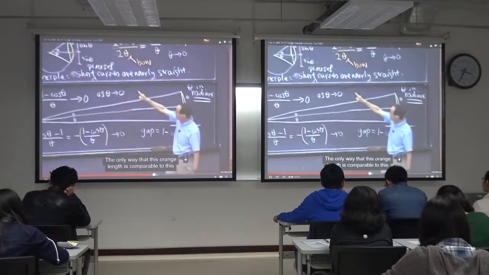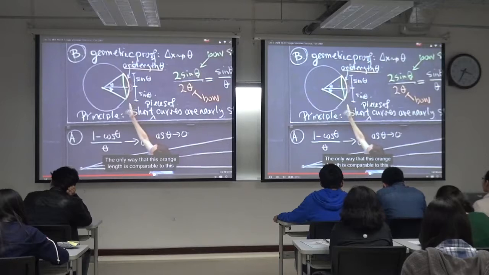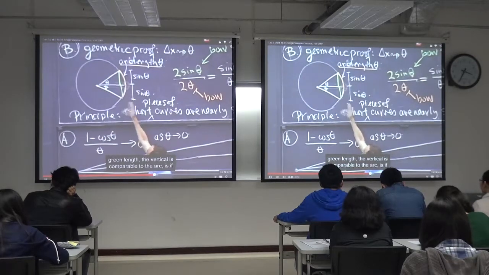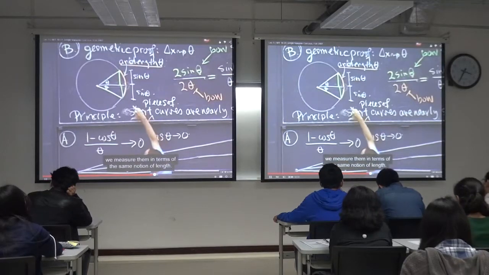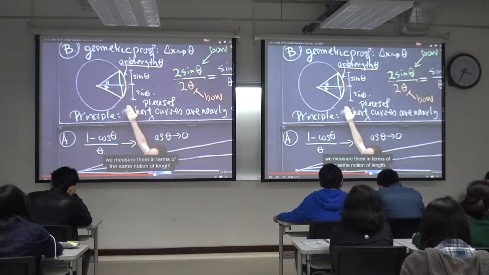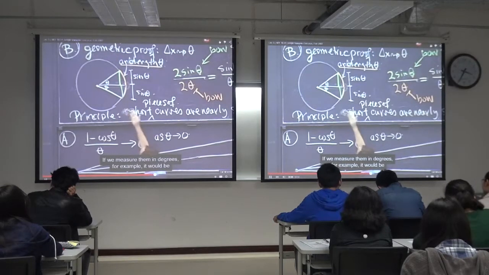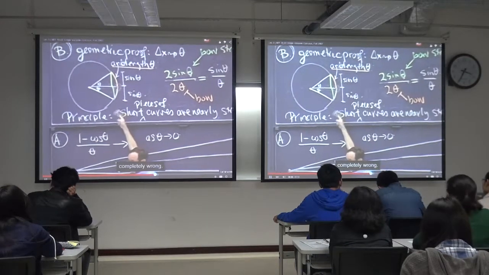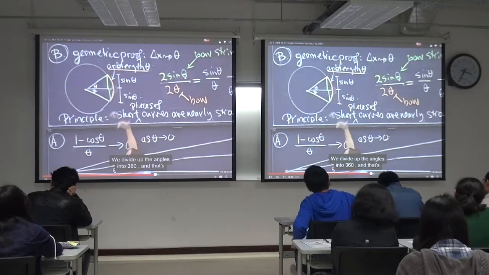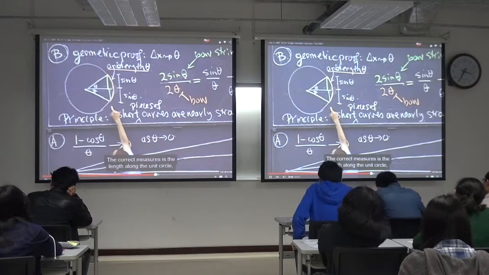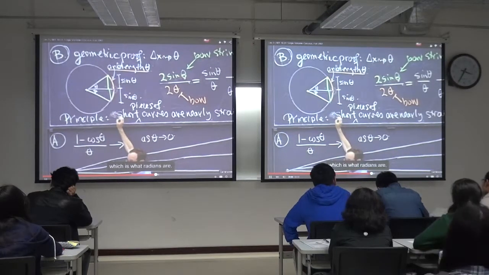The only way that this orange line is comparable to this green line, the vertical responsible to the arc, is if we measure them in terms of the same notion of length. If we measure them in degrees, for example, it would be completely wrong. We divide up the angles into 360 degrees, and that's the wrong unit of measure. The correct measure is the length along the unit circle, which is what radians are.